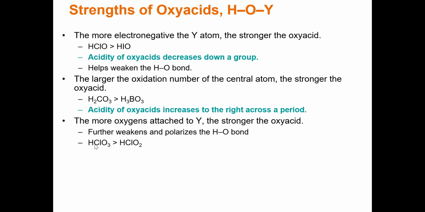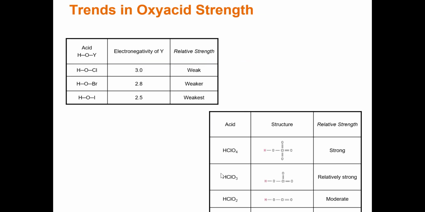So HClO3, for example, is a stronger acid than HClO2. Basically, all of these are saying a similar thing, and this is something, if you take organic chemistry, you'll look at in more detail, and that is that the more things want electrons, the more they are willing to get rid of protons. Okay, so here we're showing those trends again.